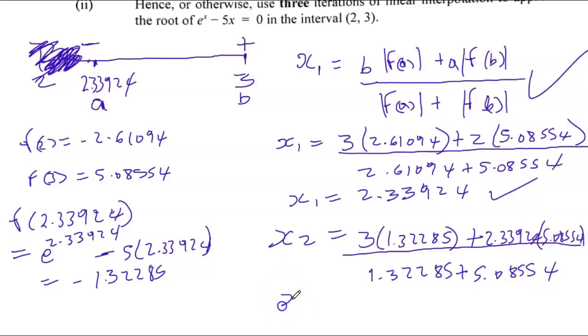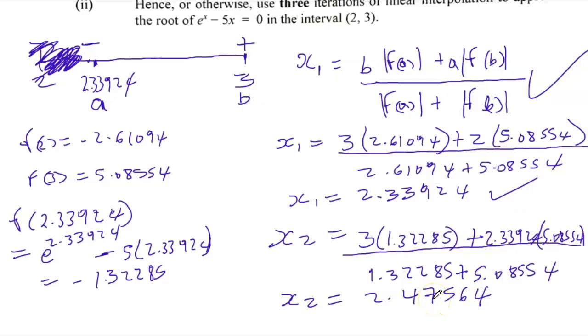And if you punch that in your calculator, this will work out to x2 being 2.47564. That's our second iteration.